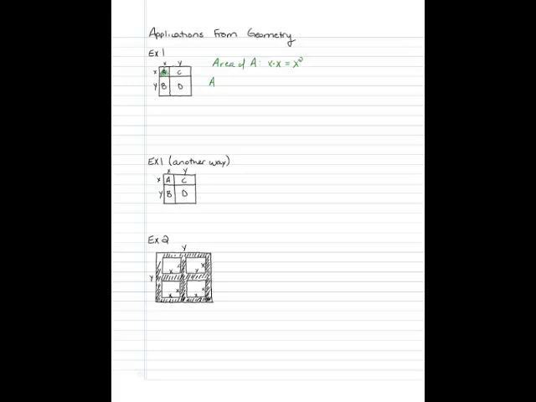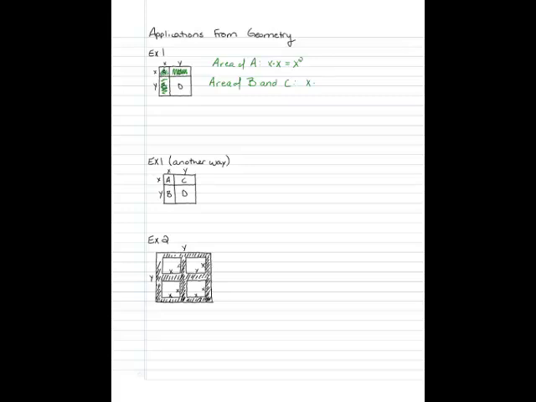So the area of region B, if you look at this, region B is the same size as region C. So I'm just going to do those together. So the area of regions B and C both have length x and width y.